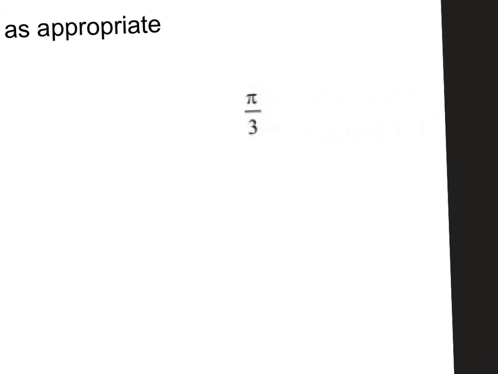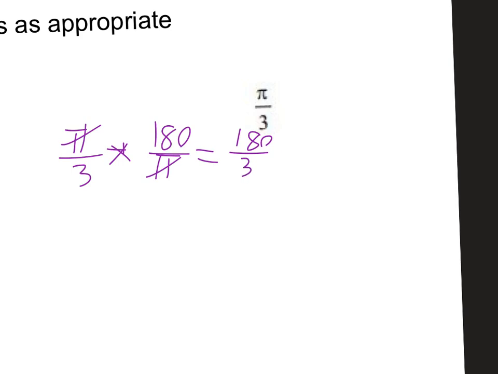Pi over 3. To convert from radians to degrees, I'm going to take my pi over 3, just like I did in the example. I'm going to multiply that by 180 over pi. Pi's cancel out. 180 over 3, which is the same as 60 degrees.